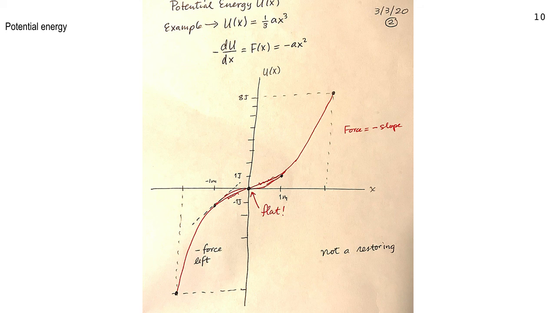Now that's a particularly cinchy integral. It's just a polynomial, and so that's equal to minus 1/3 a x cubed evaluated between these 2 points. And so that's minus 3/2.